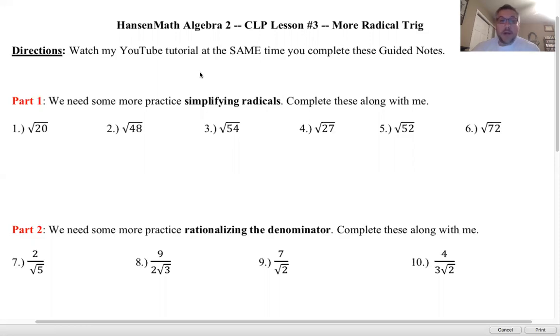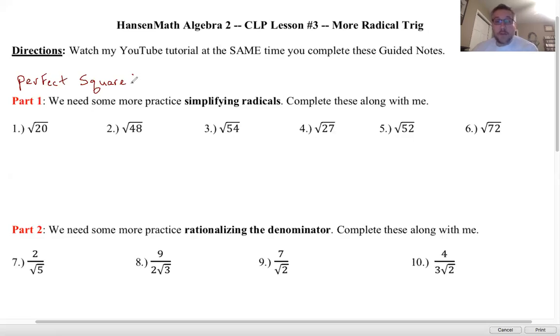Now, before we work on simplifying square roots, this is all based on understanding your perfect square numbers. So on your paper here, let's generate a partial list of perfect square numbers. Now, like a lot of lists of numbers, these go on infinitely forever, so we'll just do a partial list.